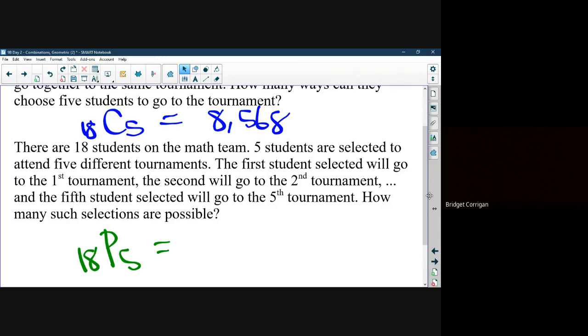So there's 1,028,160 different ways that you can order or arrange 5 students out of a group of 18, which is crazy. It's a lot of different possibilities. That would be a nightmare of a tree diagram to draw. And that's why we have shortcuts like this.